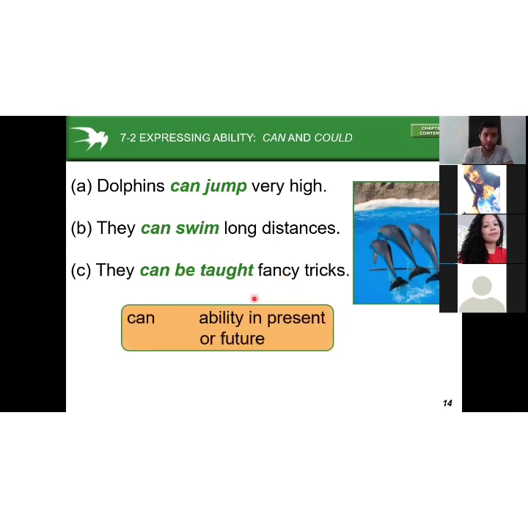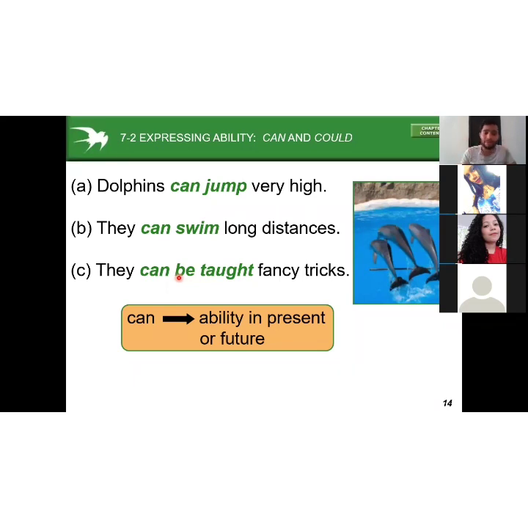So what happens with can? We use can to talk about ability in the present, like they can jump and they can swim, and also to talk about ability in the future. I mean, something that happens now, but that may show up in the future. Imagine I am teaching the dolphins some fancy tricks now, but they are not going to learn the tricks straight away.